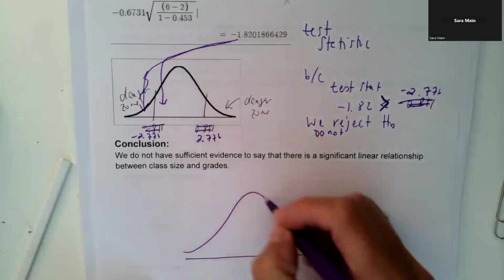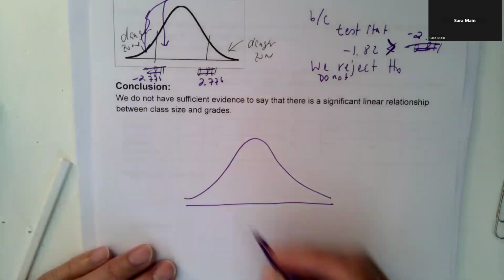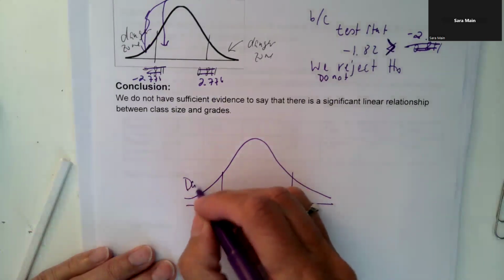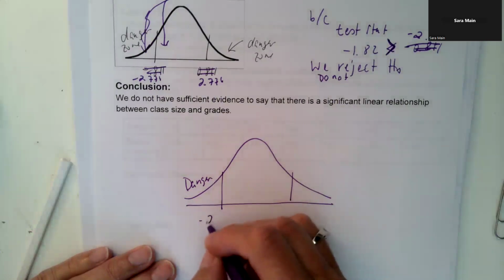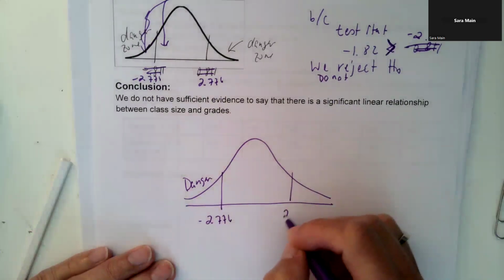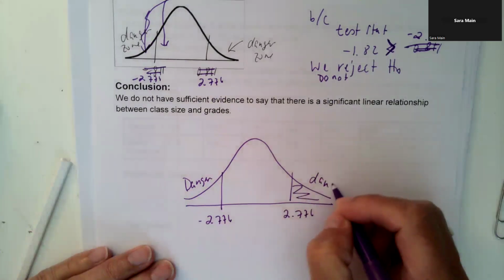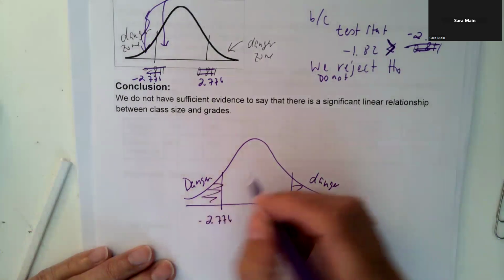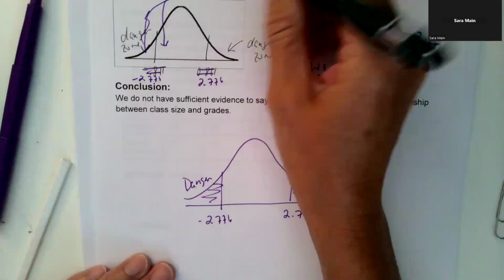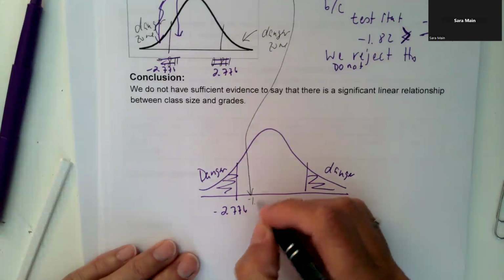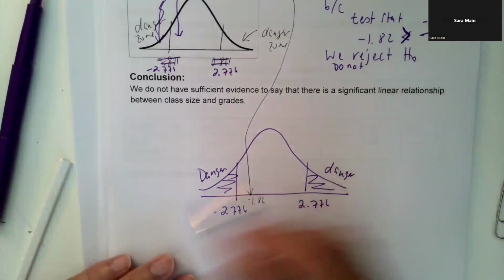I misspoke because there's two ways that you can reject this. So our test statistic, this is the danger, is a negative 2.776 or a positive 2.776. This is danger here. And our test statistic, the negative 1.82, is really right here.